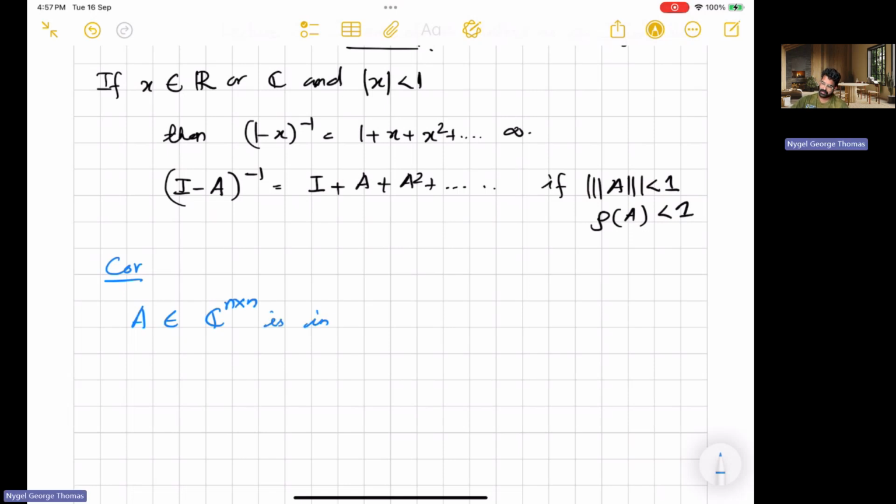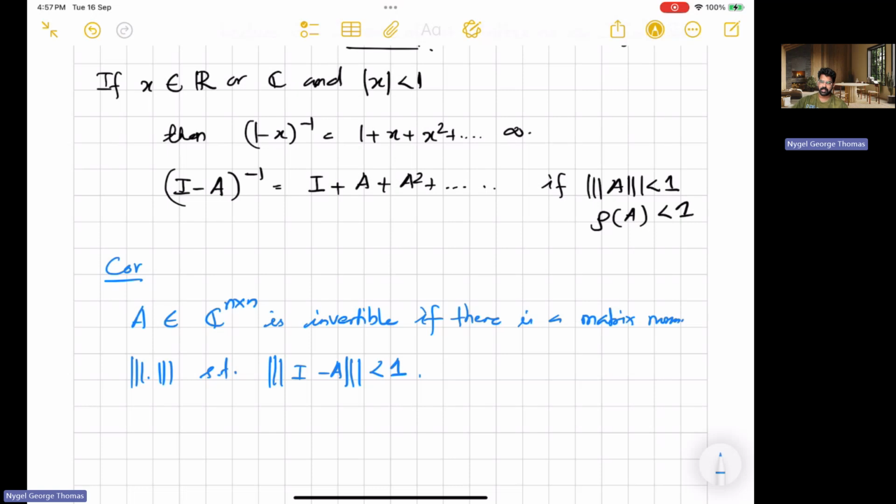A is invertible if there is a matrix norm, given by this triple-bar function, such that the norm of I minus A is less than 1.